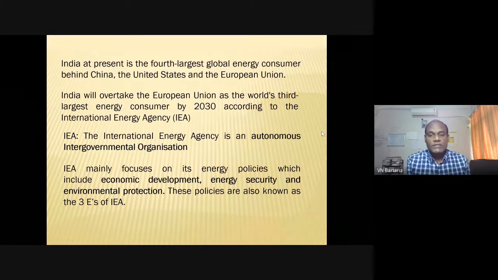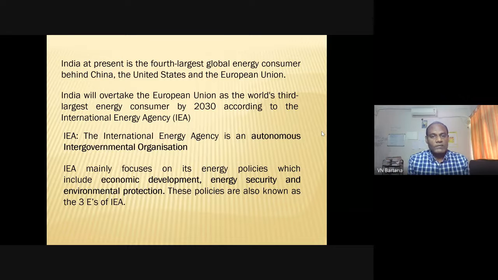They are providing solutions in framing of policies, and providing useful data regarding energy production, future energy requirements, energy security, and environmental protection. So IEA mainly focuses on energy policies which include economic development, energy security, and environmental protection. These are also known as the three E's of IEA.